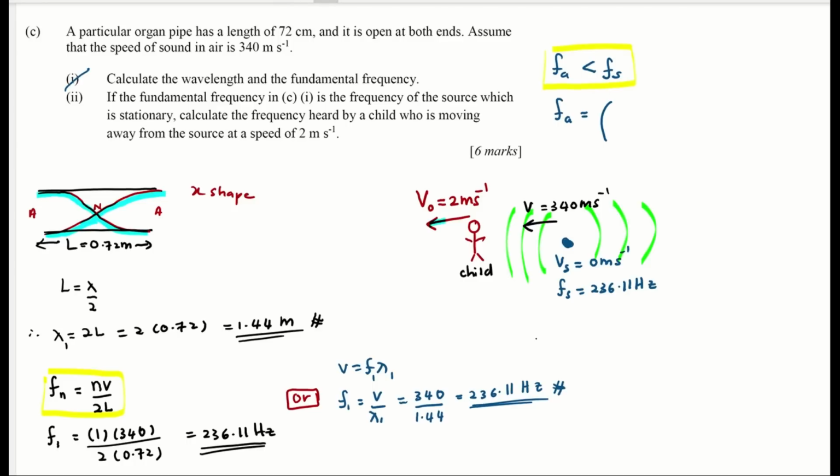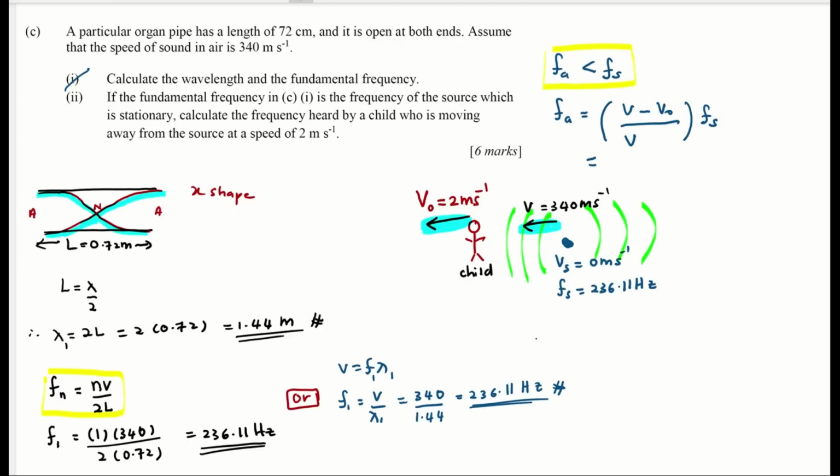The arrows are in the same direction. So remember, when it is the same direction, it becomes minus V observer over V plus minus Vs. But because V of the source is equal to 0, since it is a stationary source, Vs is zero, so there is nothing in the denominator. Then times the frequency of the source.